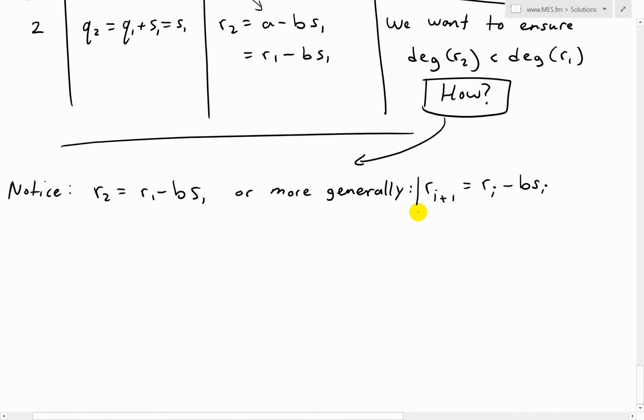Now what we could do is write this in the leading coefficient way. So we'll have RI plus 1 instead of R2, just more general.